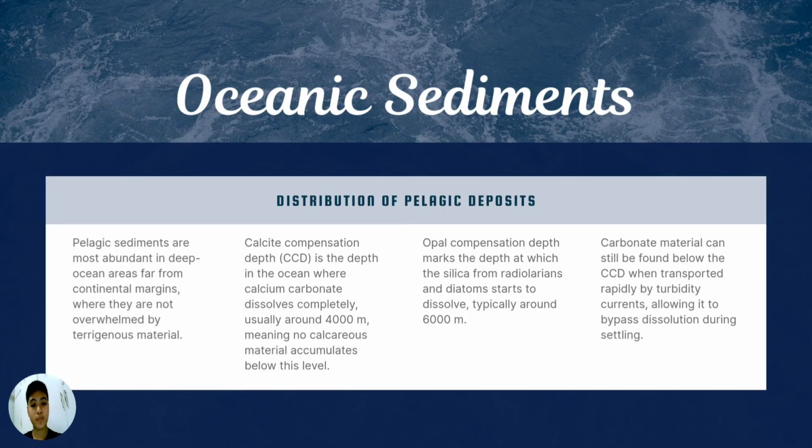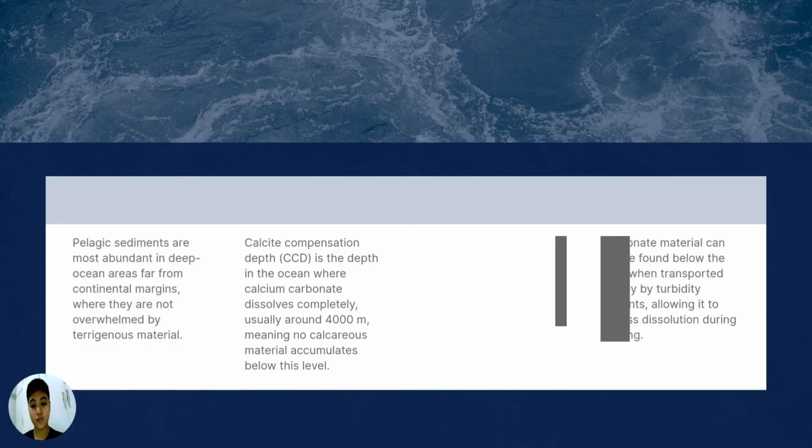Distribution of pelagic deposits: pelagic sediments build up mostly far from land in deep oceans, below about 4,000 meters. Calcium carbonate shells dissolve and don't stay on the seafloor, and below 6,000 meters, silica shells dissolve too. Sometimes bits of shells get to deep areas fast before they dissolve.